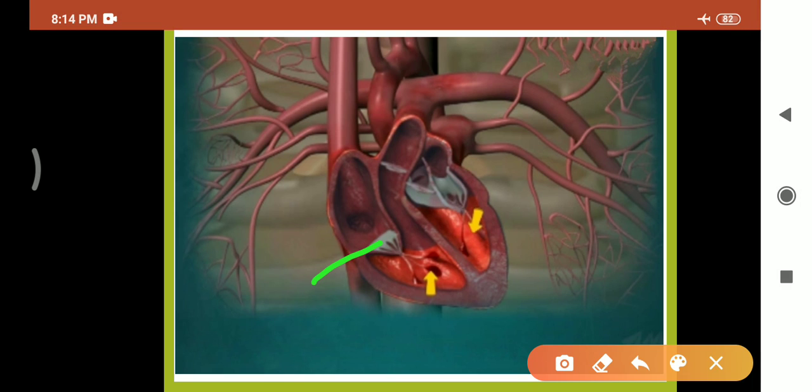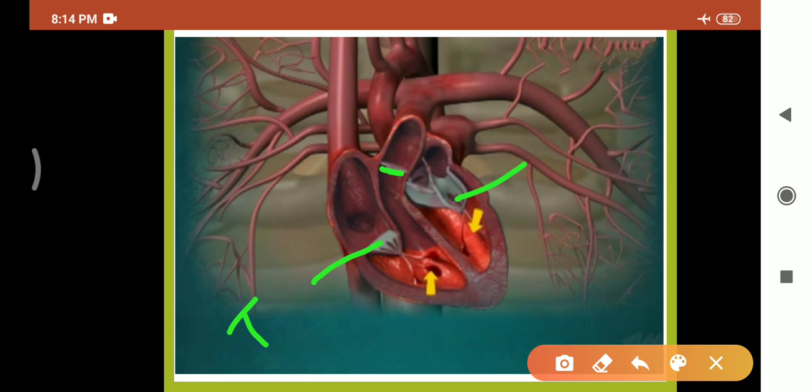This valve, and this valve, and the pulmonary valve is also present at both the pulmonary artery and pulmonary veins. That is the pulmonary valve or semilunar valve, right? These valve names are important for your examination.